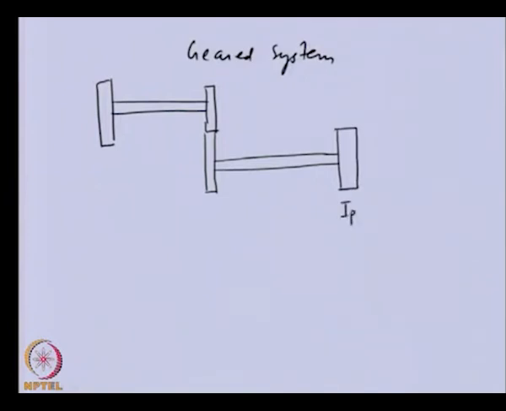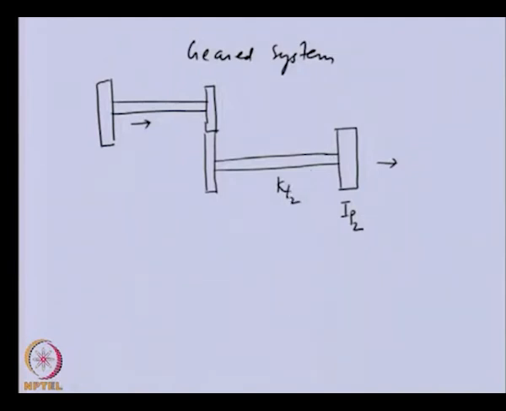Let us say this polar moment of inertia is IP2. The input is from here and we are getting output from this shaft system. Let us say the stiffness of this shaft, which is between the gear and this flywheel, is KT2.